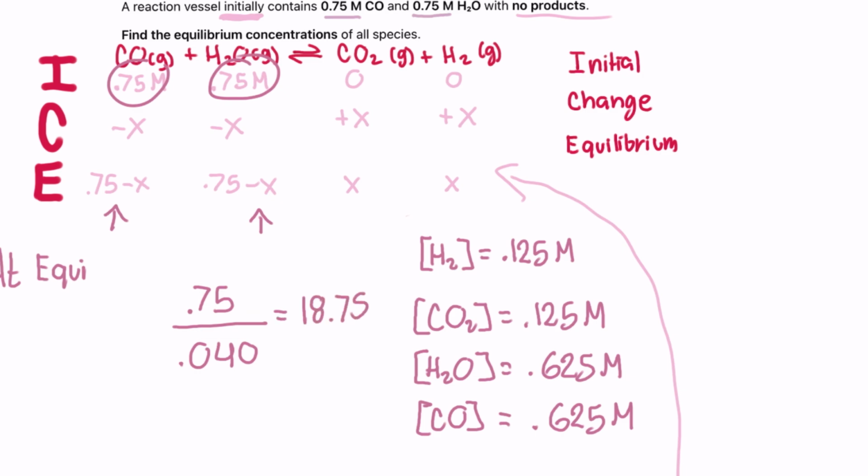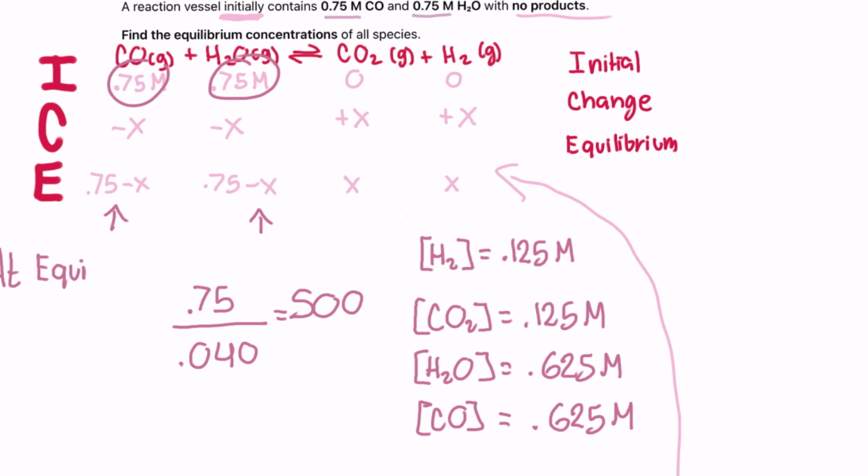So this is why we cannot ignore the x and why we had to use this. However, for understanding, let's pretend that this was 500. If this was 500, we can use our exception, which is called the 5% rule.